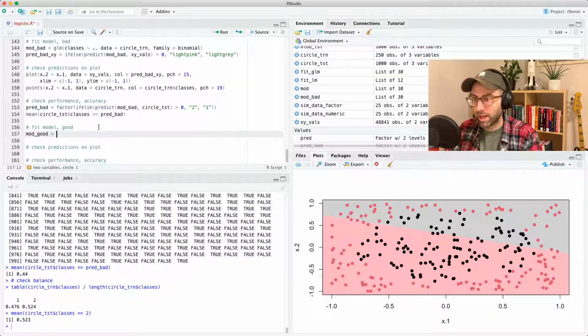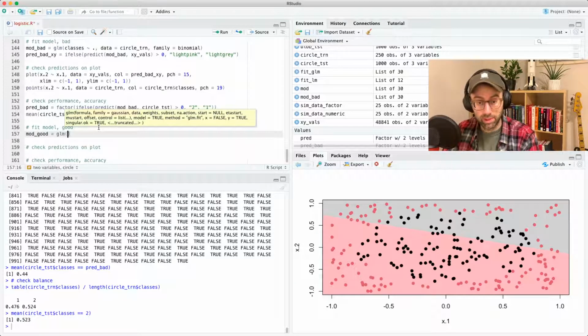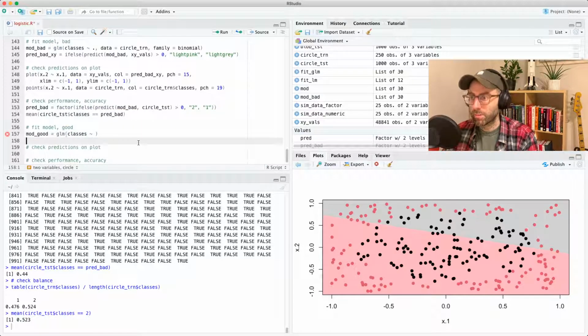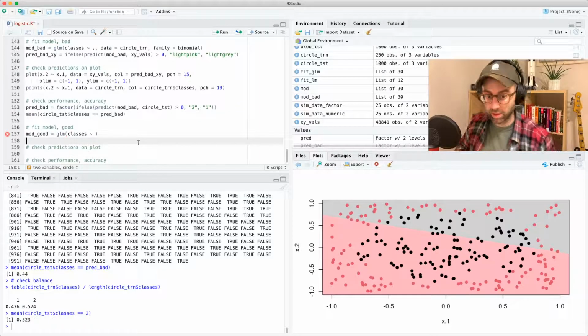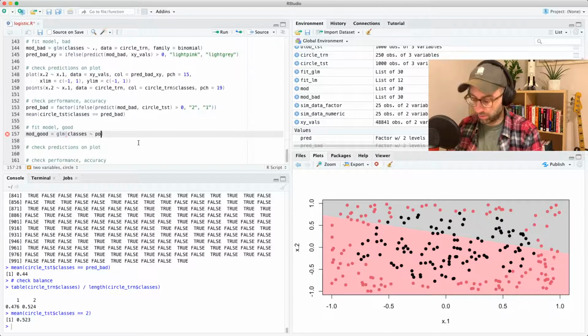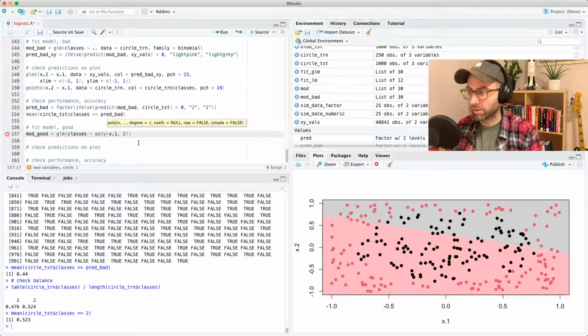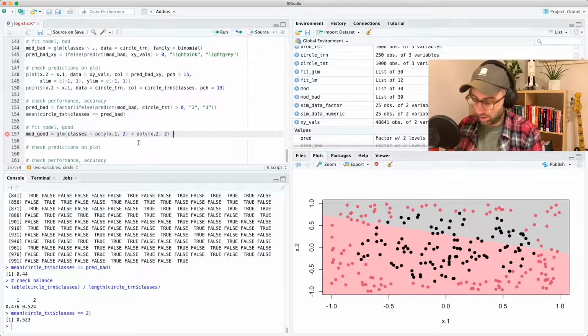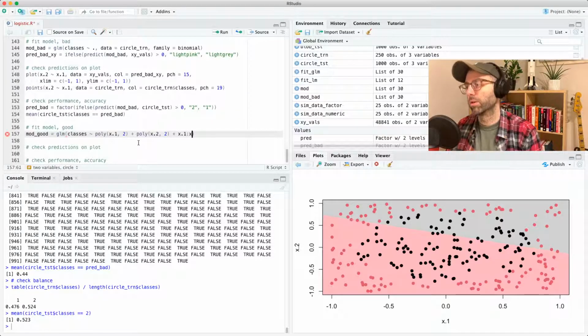So turns out we can add transformations just like we could in a linear model, which hopefully you've seen before. So what I'm gonna do is add a quadratic term for x1 and x2 and the interaction between x1 and x2. So let's do poly(x.1, degree 2) plus poly(x.2, degree 2) plus x.1:x.2 for the interaction.